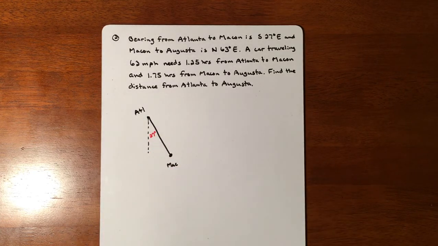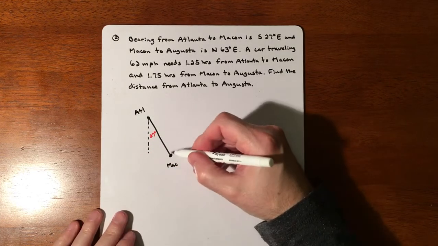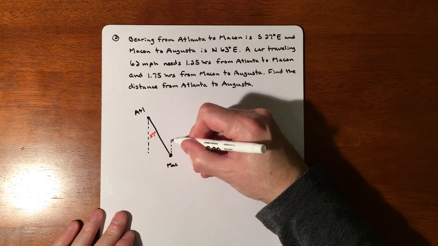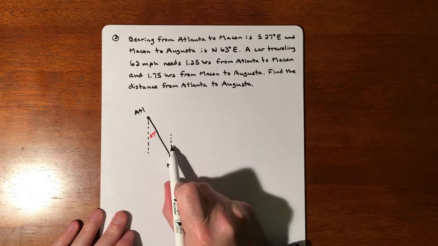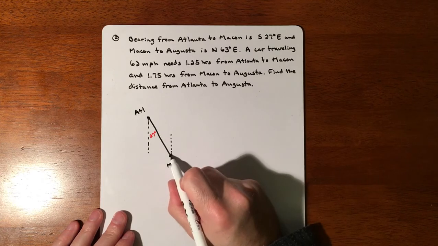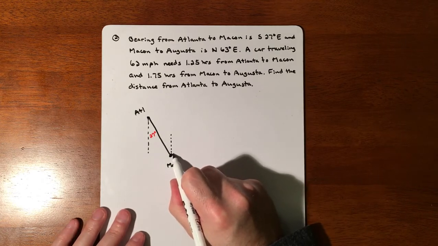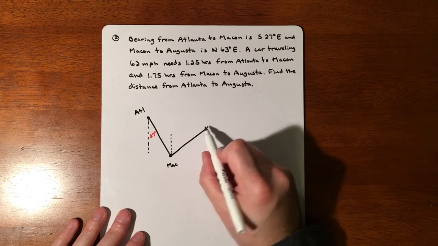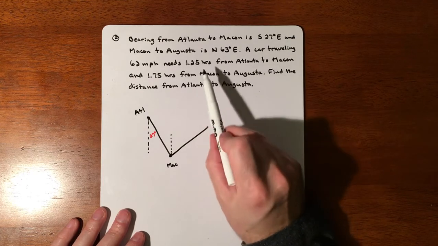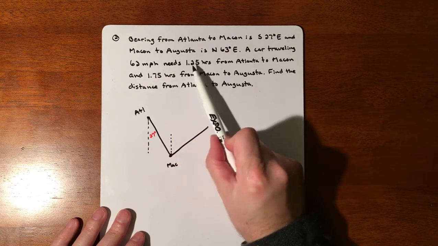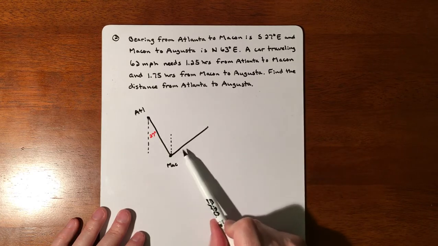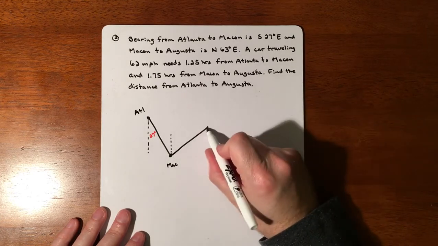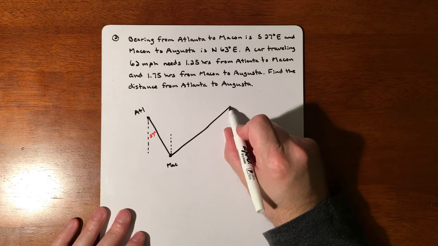And then from Macon to Augusta, we went north, and we went 63 degrees to the east. And then we went 62 miles per hour for 1.25 hours here, and then 1.75 hours here, so this one's probably going to be a little longer.